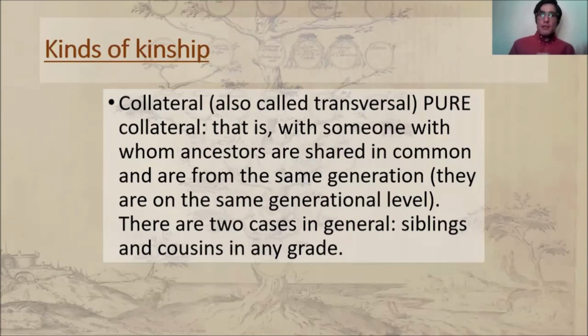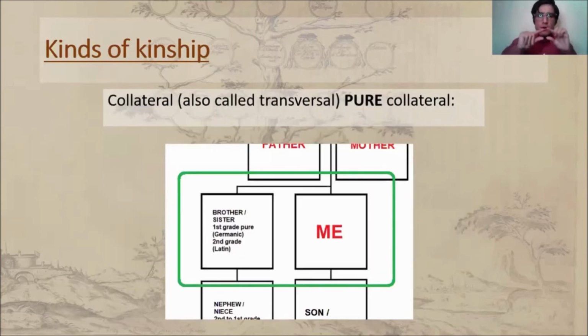There are collateral kinds of kinships, or pure collateral, or transversal. So transversal and pure collateral are synonyms. Pure because we share the same generation. So when we talk about cousins without times removed, you say pure collateral. As you can see there, pure because they are purely connected in the same generation.